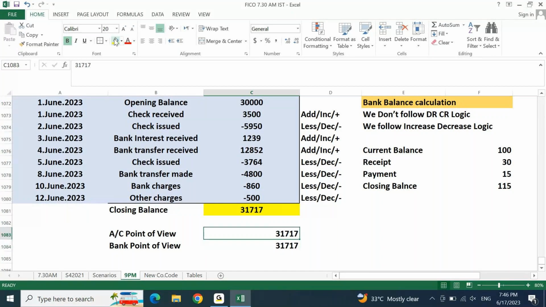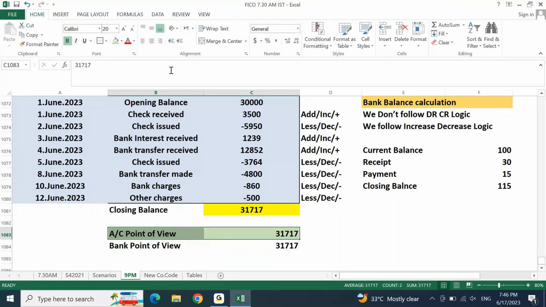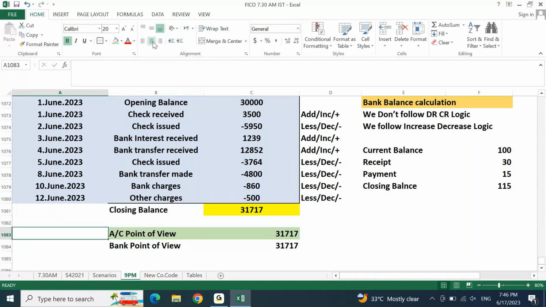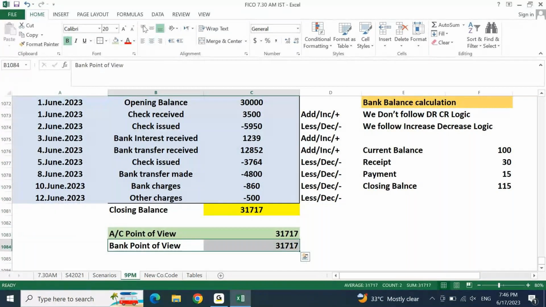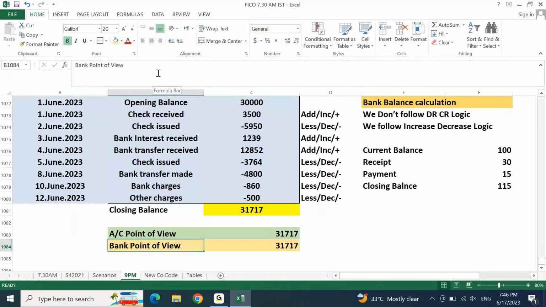But from the accounting point of view, this will show a positive number, a debit. Similarly, from the bank point of view, it's a credit, a negative number.